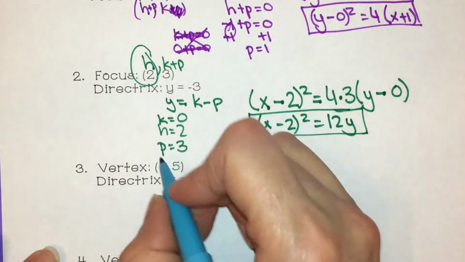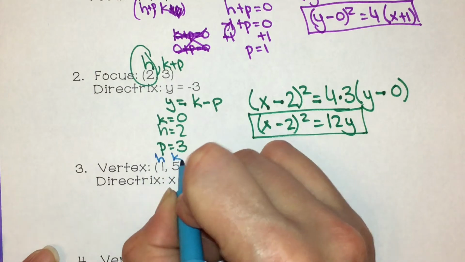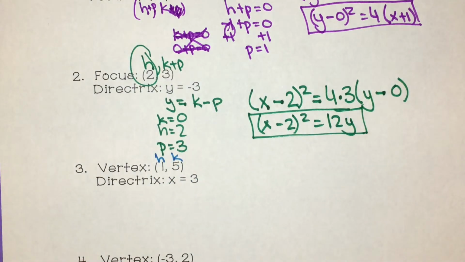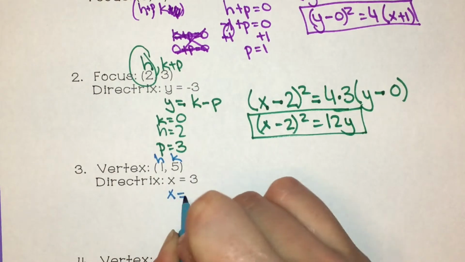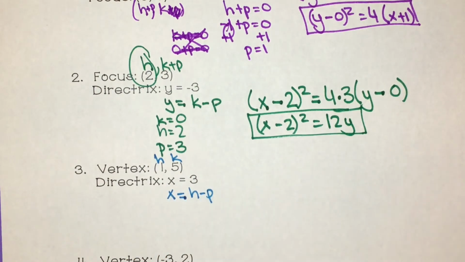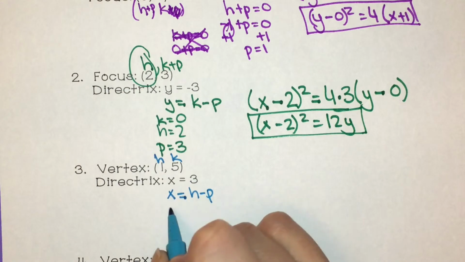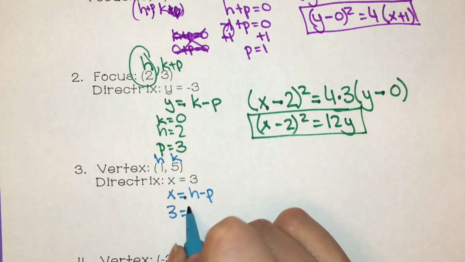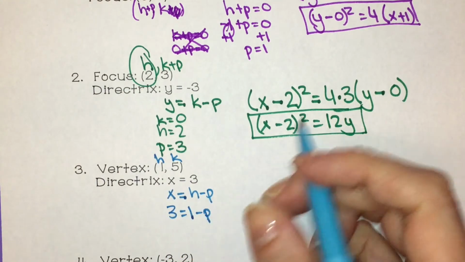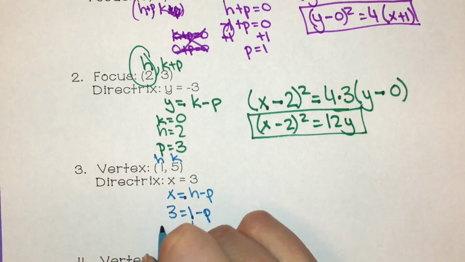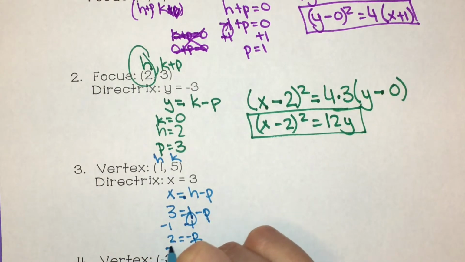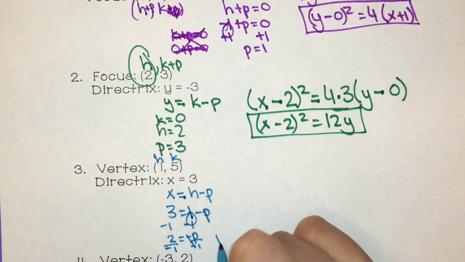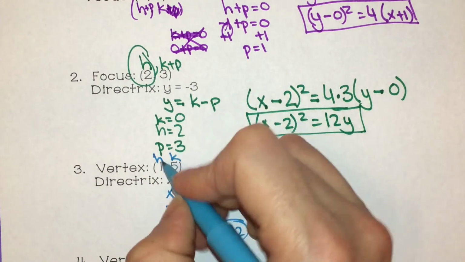Okay. Vertex, we have (h, k). Directrix, because it's x equals h minus p, and x is 3. We know h is 1, meaning if I subtract 1 from both sides, I get 2 equals negative p. Divide both sides by negative 1, and p equals negative 2.